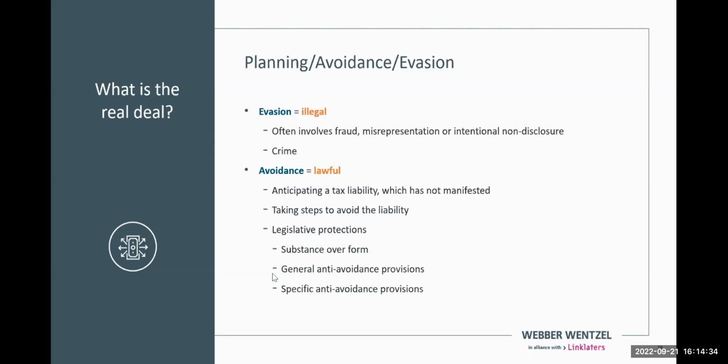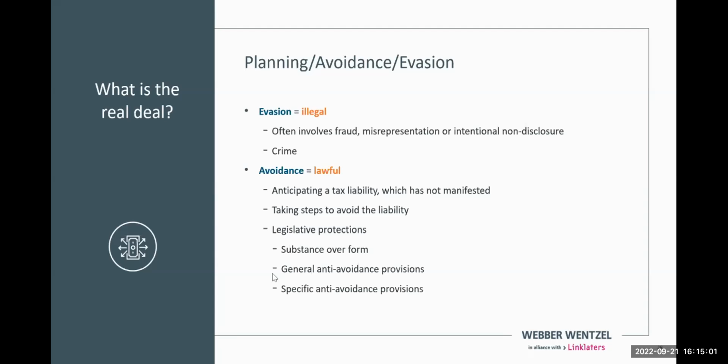Also, we need to distinguish between tax planning, which is optimizing tax as a business cost, and evasion, which is illegal, and avoidance, which is the lawful utilization of a tax system to obtain a tax advantage. Evasion is the criminal side of tax, involving fraud, misrepresentation, or intentional non-disclosure.